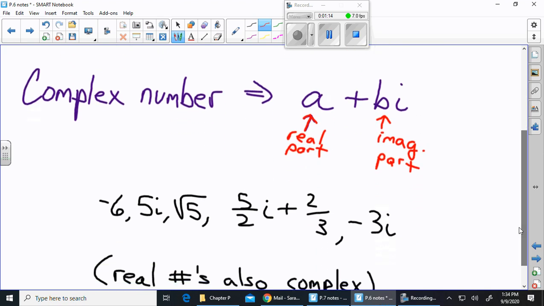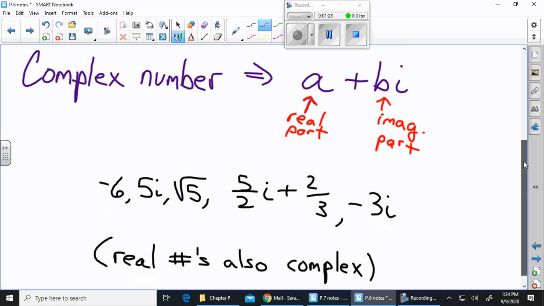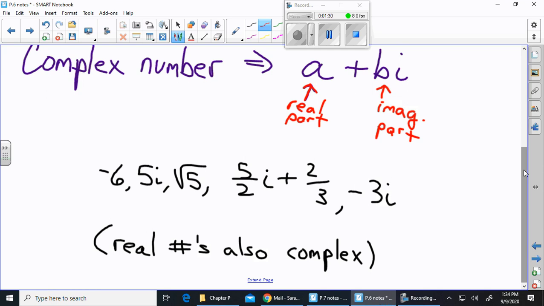Now, what makes a complex number? A complex number is a number that has a real part and an imaginary part. So a plus bi. a is my real part. bi is my imaginary part. Now you can see I've listed all these examples of complex numbers.